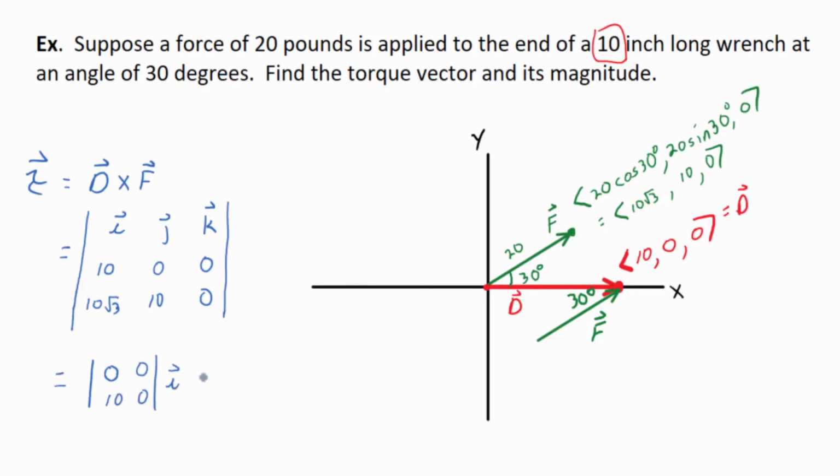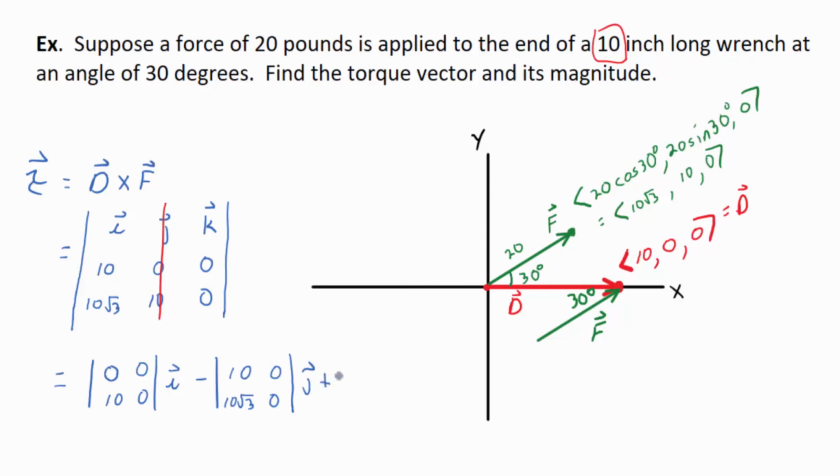No. Okay, minus, cross out the middle column, what do you see? 10, right? What 2 by 2 determinant is left? 10, 0, 10 root 3, 0. When a column is 0, that's just as good as having a row of zeros. You're going to get 0.